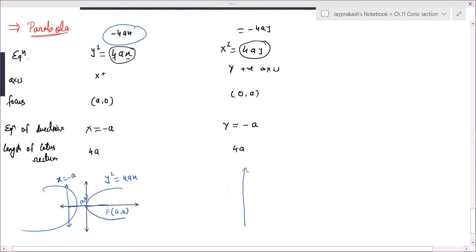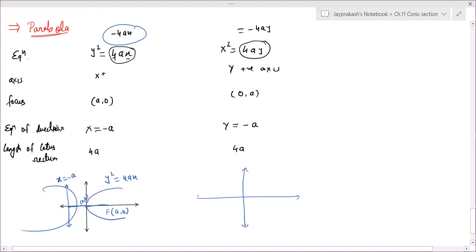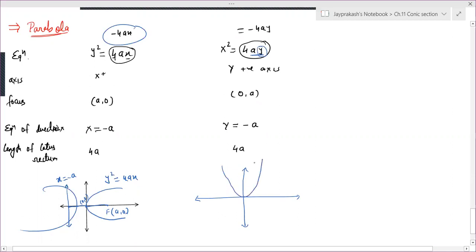So this is the axis, x axis, y axis. Now we have to represent the parabola x square is equals to 4ay. The variable that appears in 4ay will represent your axis. So you have the positive y axis, which means the parabola opens upward. Your focus will be on the y axis, so x will be 0 and the second variable y is a.